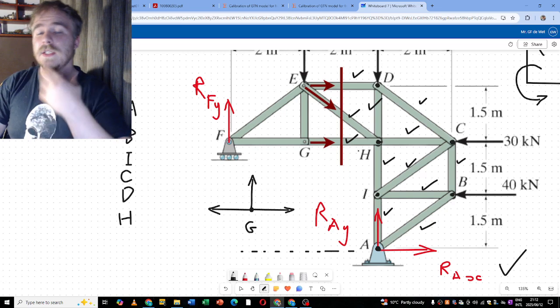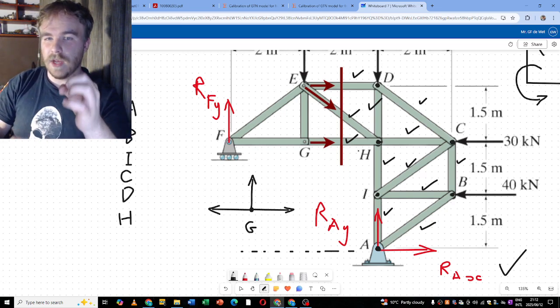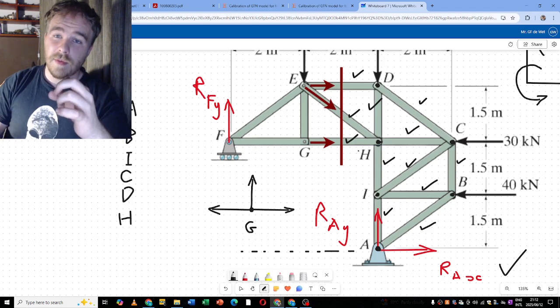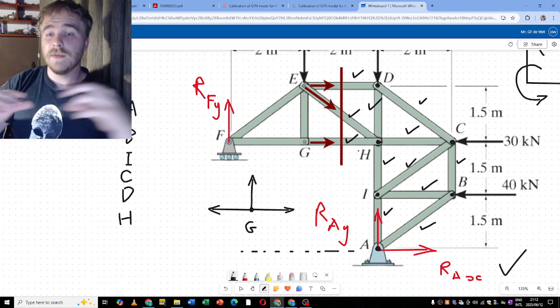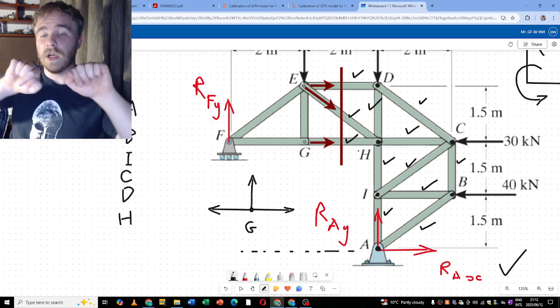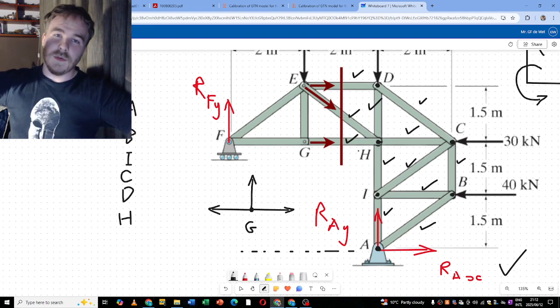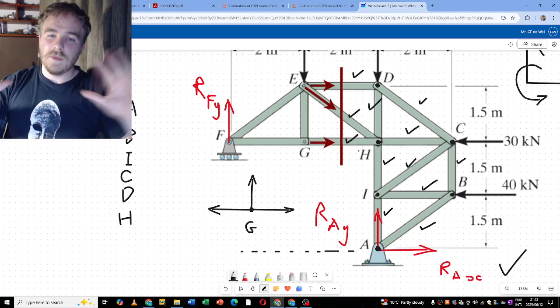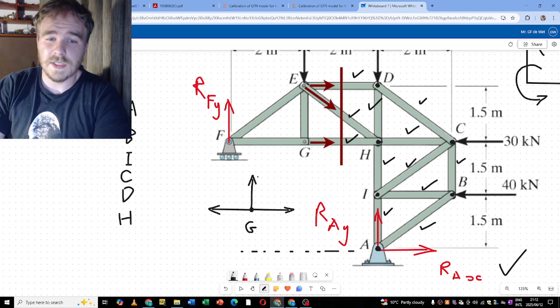The only way these things can be in equilibrium, because they only have 2 points of connection, is if they are 2 force members. And for a bar or a beam or something like that, the only way it can be a 2 force member is if the forces are aligned either in compression for that member or away from that member. So it can either be in compression or in tension. It cannot be in anything else, at least for truss systems.